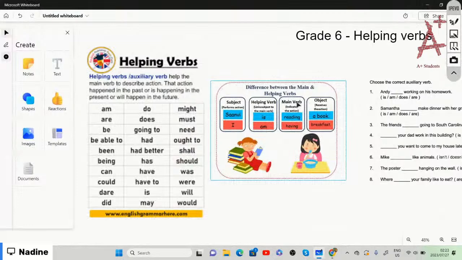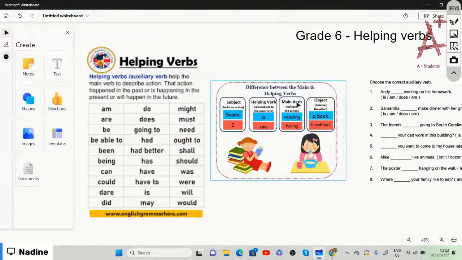Then we also lastly have the object, which receives the action. If we put all of that together, having a subject, a helping verb, the main verb, and the object, then we can say, I am having breakfast.